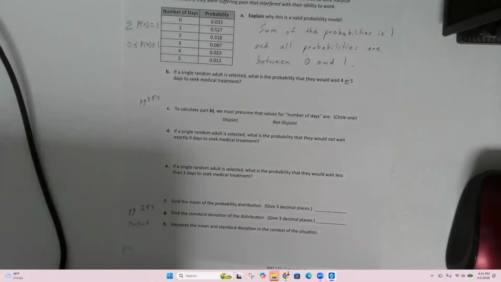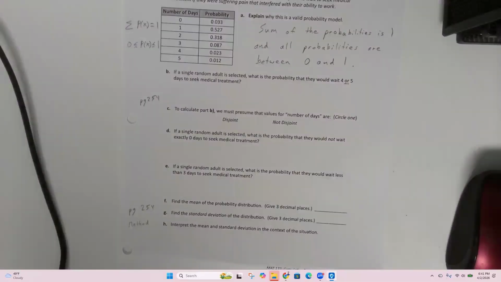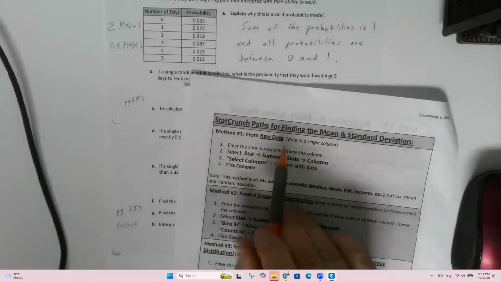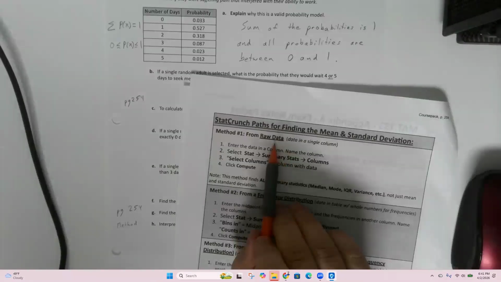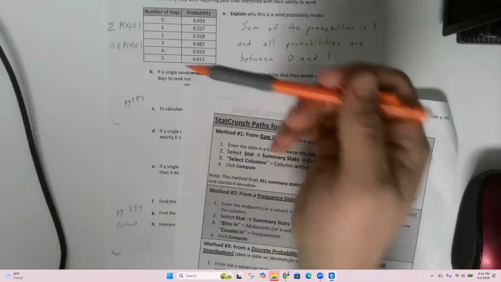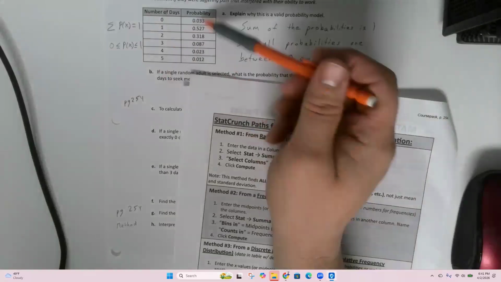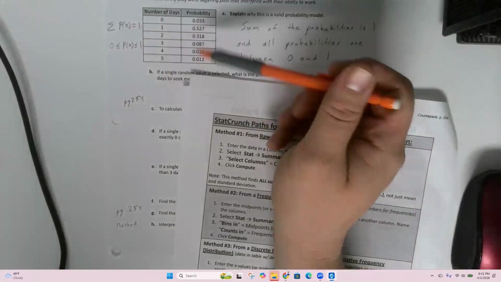Which method are we looking at on page 254 to calculate the mean and the standard deviation? Method one is if I have data in a single column, meaning I have the raw data. Here I have two columns, the number of days and the probabilities, so it's not number one.